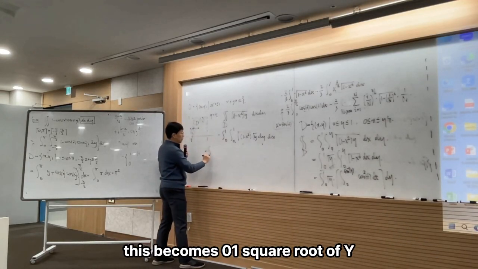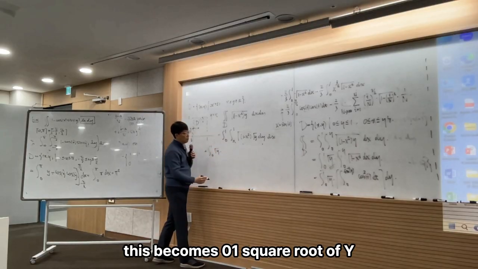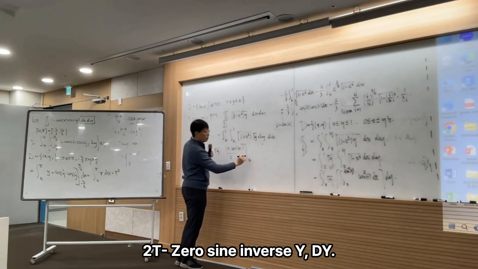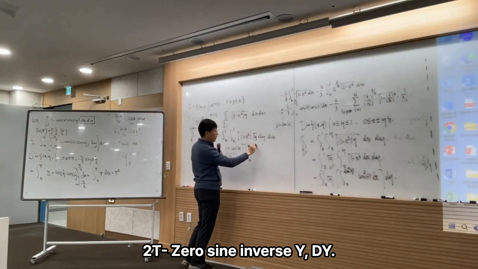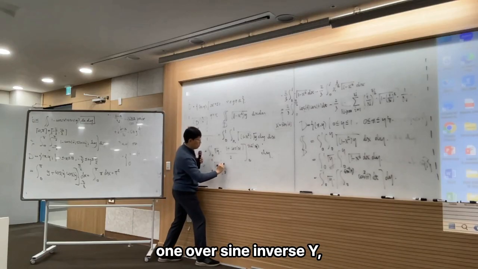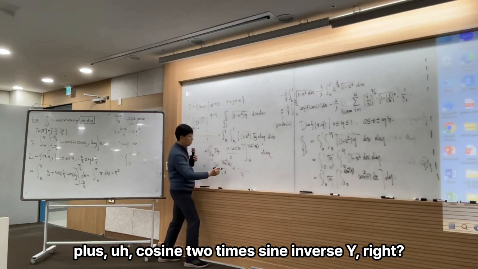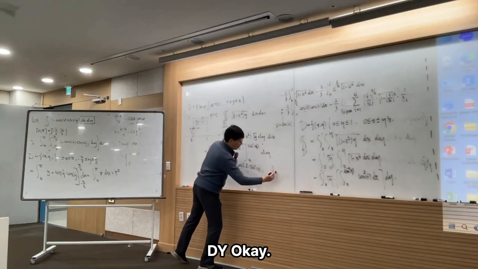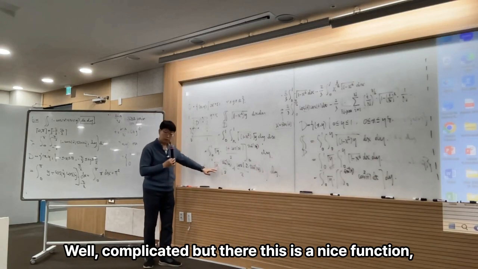So this becomes the integral from 0 to 1 of square root of y, and one half of 1 plus cosine 2t, from 0 to sine inverse y, dy. Therefore this becomes the integral from 0 to 1 of square root of y times one half of sine inverse y plus cosine 2 times sine inverse y, dy. Okay, well, complicated, but this is a nice function.